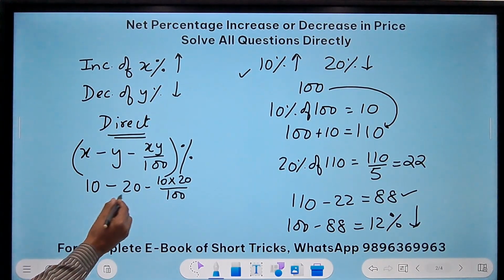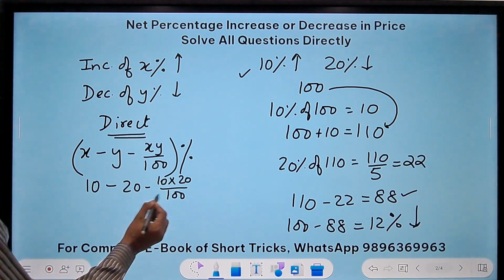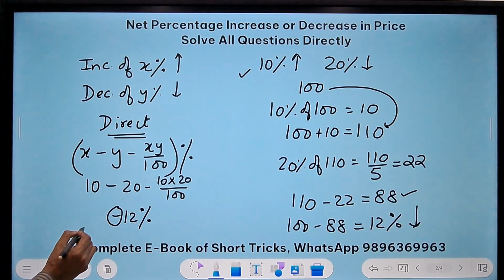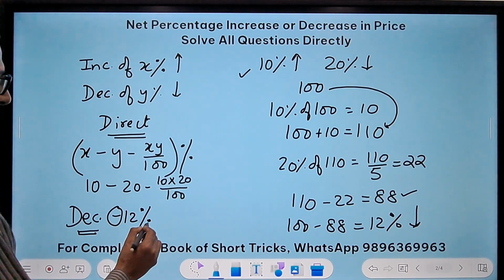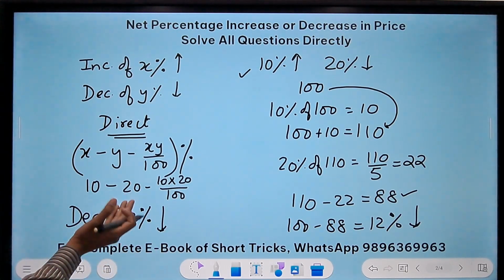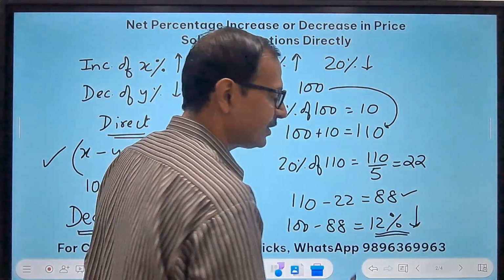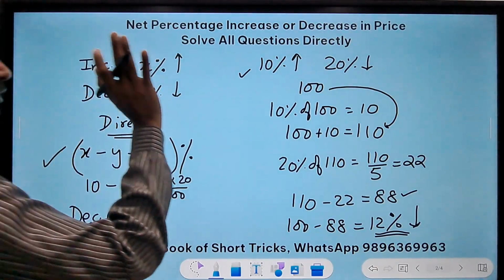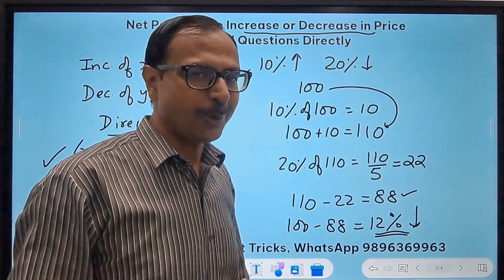So this will give me a negative value, right? 10 minus 20 is minus 10, and minus 2, so minus 12%. What does minus indicate? Minus indicates decrease. And so 12% decrease is your answer. See the direct method, and the same thing you obtained here, 12% decrease, right? So this is the second short trick for finding the net percentage increase or decrease in price of a commodity.